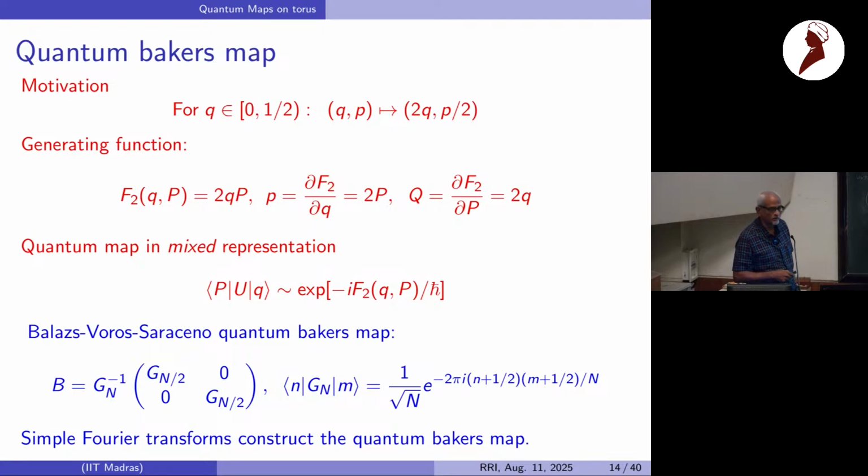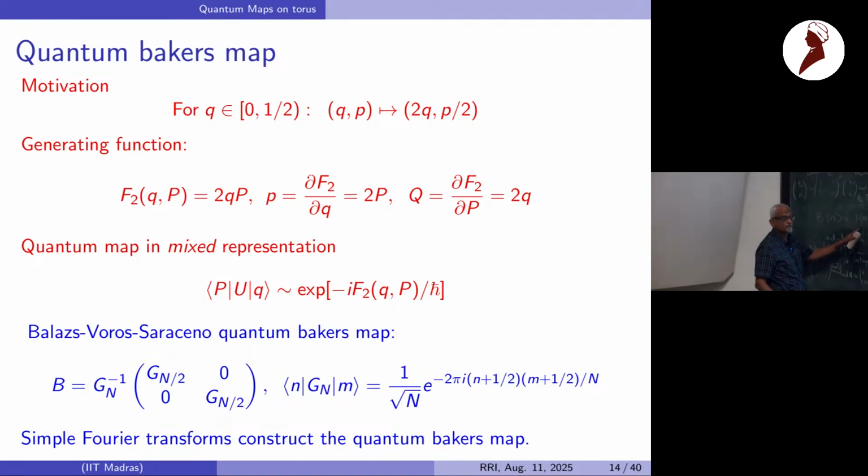Q and P are not well defined in quantum. Yeah, so what it means, roughly speaking, is if you were to take a position eigenstate n and act on it with this B, it should go to 2n. Does it?